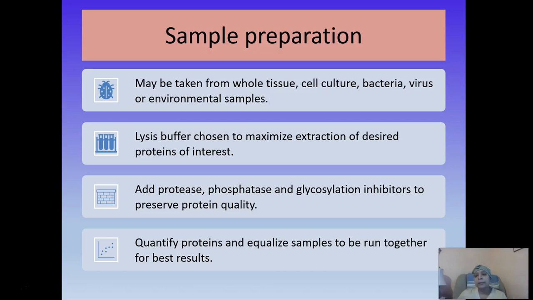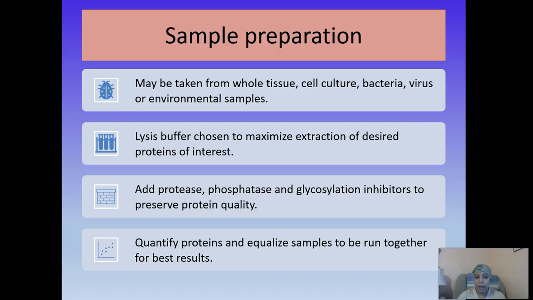One way is to quantify our proteins and then look at how much concentration of protein is present in each one of our samples. Once we have figured that out, we use the amount of volume that we want to load on the gel, and we say, okay, we want to load 10 micrograms of protein.